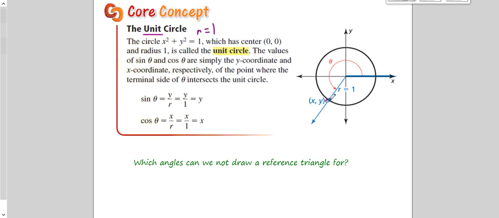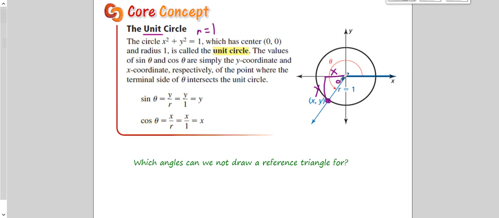So if we have some point x, y, we could create that triangle. This would be your x, this would be your y, and r is 1. So y over r is y over 1, or just y. Cosine is x divided by r. That's your adjacent over your hypotenuse.